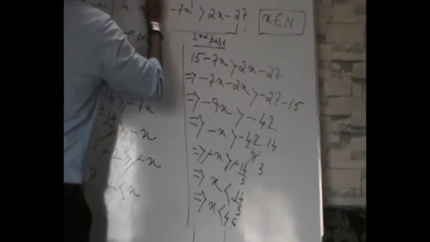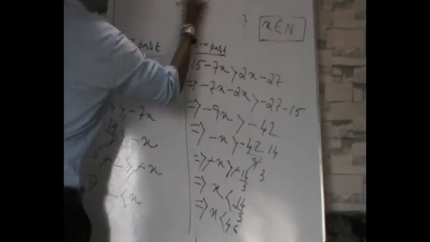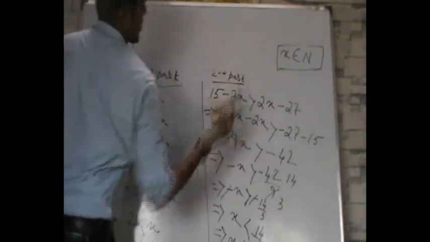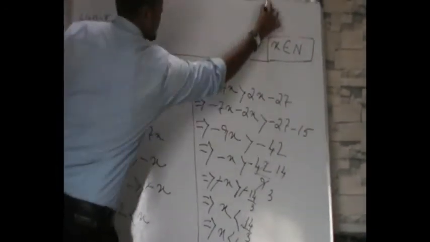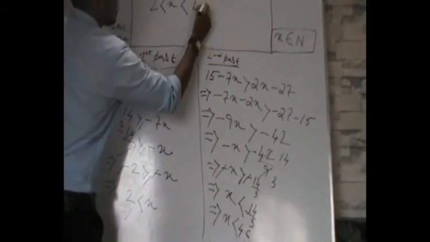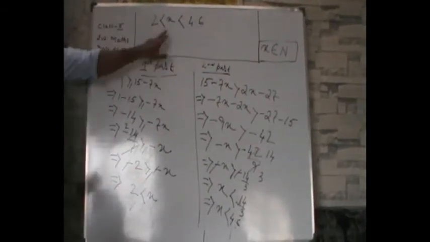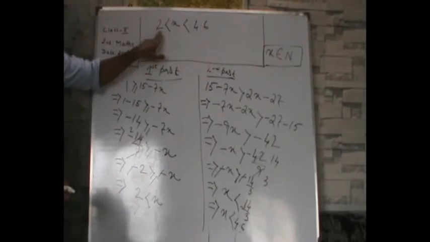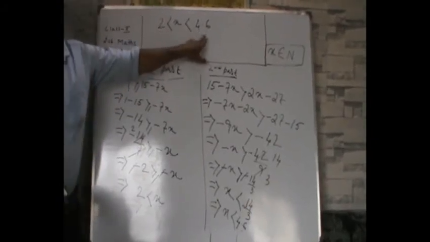That means here it indicates 2 less than x, and it indicates x less than 4.6. That means the value of x exists in between more than 2 and less than 4.6.